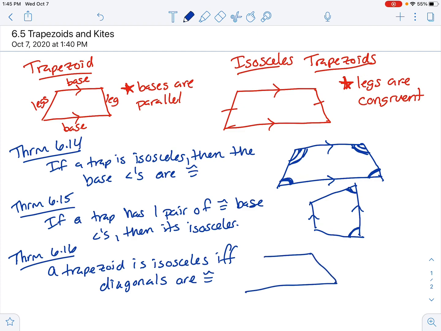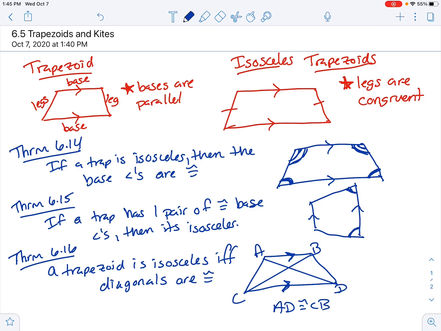Okay, so again, if we have that trapezoid, here's my bases are parallel. If we draw in those diagonals, the diagonals will be congruent, which means AD is congruent to CB.